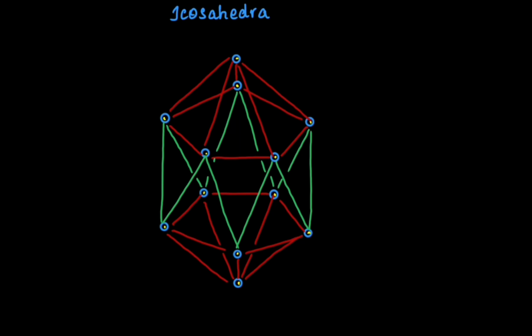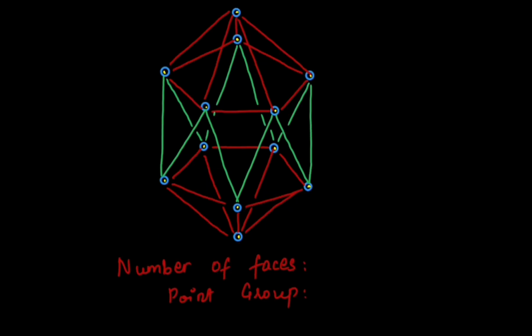Well, 5 above, 5 below, and 10 faces in between, altogether making 20 triangular faces. With 20 triangular faces, icosahedra belong to IH point group, which has 120 symmetry elements and is one of the most symmetric that we find.